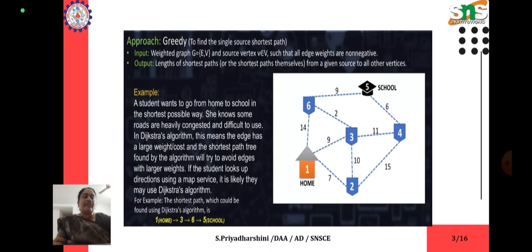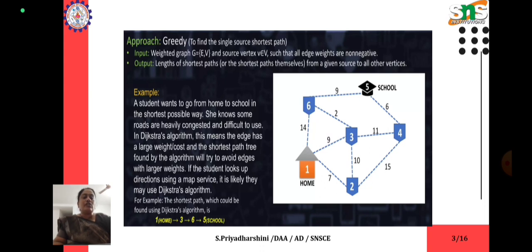Weighted graph G is given, G of V, E, where V denotes the vertices and the edge is denoted by E. So a student wants to go to school in the shortest possible way. She knows some roads are heavily congested and it is difficult to use. In Dijkstra algorithm, this means the edge has a large weight or cost, and the shortest path tree found by the algorithm will try to avoid edges with larger weights.